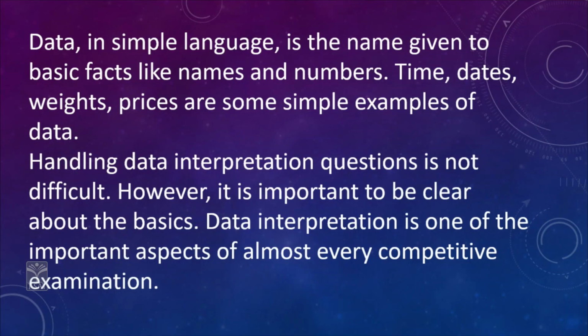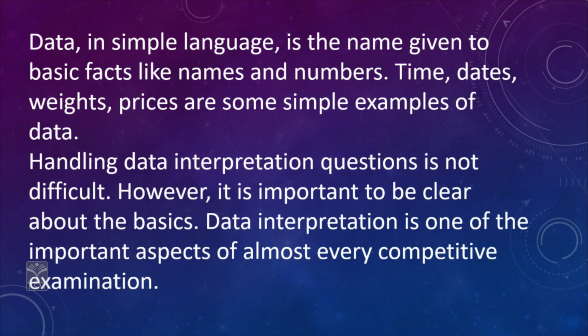Data, in simple language, is a name given to basic facts like names and numbers. Time, date, weights, price are all simple examples of data. There are two kinds of data: one is called raw data, another is grouped data.